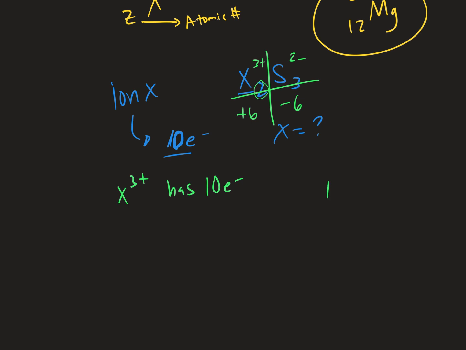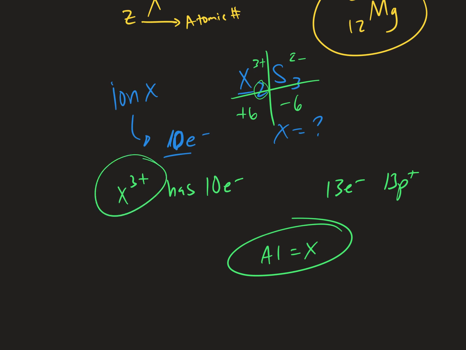It has 13 electrons, so how many protons does it have? 13. You get that? And what element has 13 protons? Aluminum. So aluminum 3 plus. Well, it's just asking what is X, so it's just aluminum. But yes, this ion is aluminum 3 plus. We good? Yeah, you'll have to be able to do that on the final.